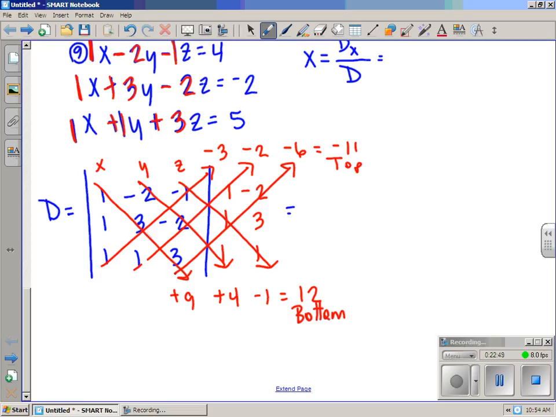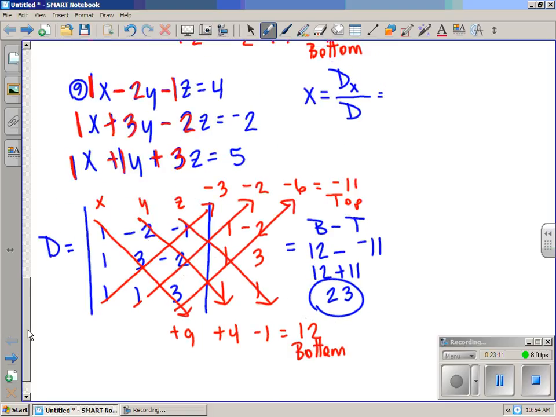To actually get the value of D, it's the bottom minus the top, which would be 12 minus negative 11, which is 12 plus 11, which would be 23. That is your determinant. In relation to finding x, that is the denominator.